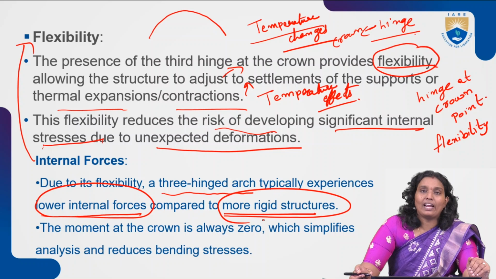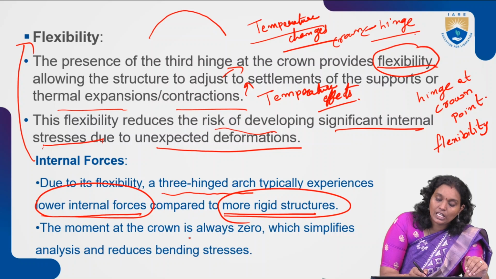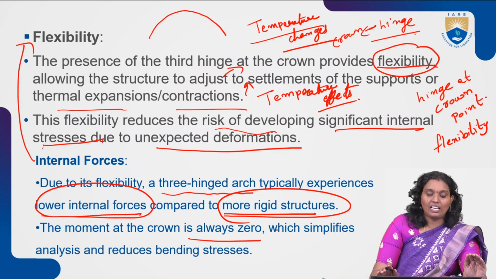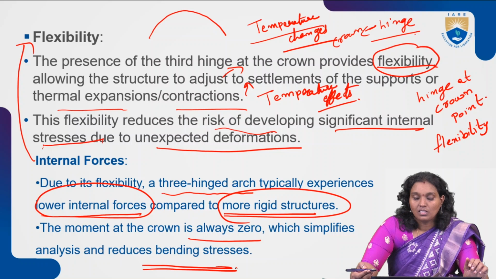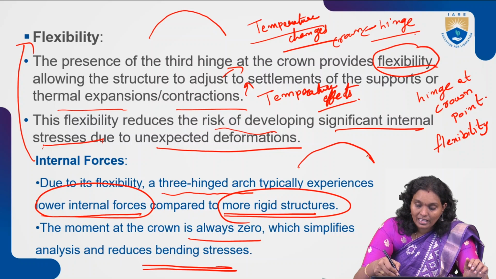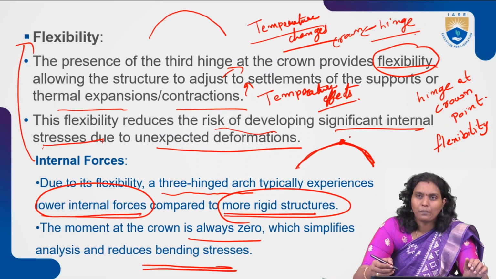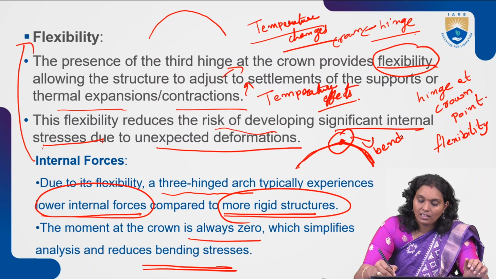The moment at the crown is always zero, which simplifies the analysis and reduces the bending stresses. Without that, there may be an increased risk of bending stresses. So the bending stresses are going to reduce.